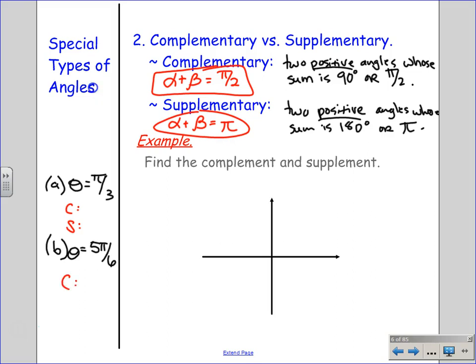Complement, supplement. If you think you know what it is, perfect. Go ahead and just write it down and do the work yourself. But if you're like, I'm not quite so sure what we're doing, that's okay. So let's talk about it. Pi over 3. Where is he? Is he greater than 90 or less than 90? Wait, stop. Don't think about it. A calzone. Where's a third of a calzone?